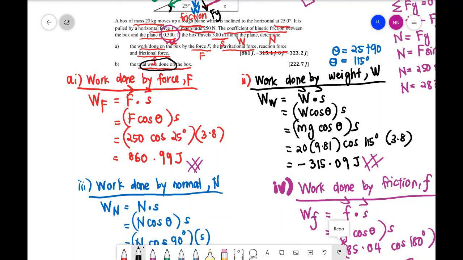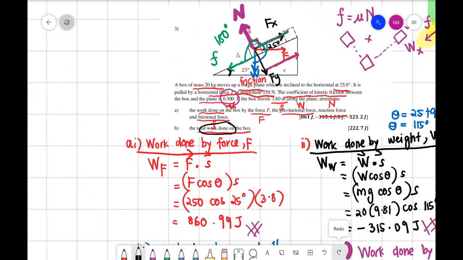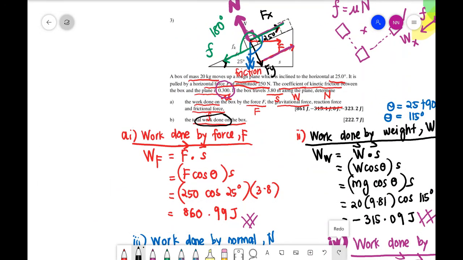How about if the question asks you to calculate or determine the work done on the box? It doesn't say by which force. It just says you have to calculate work done on the box or whatever object.